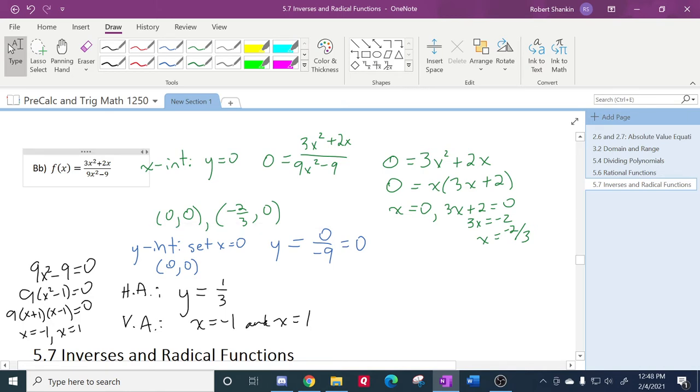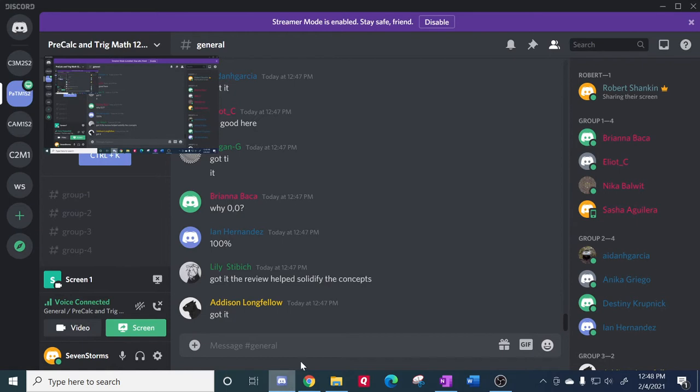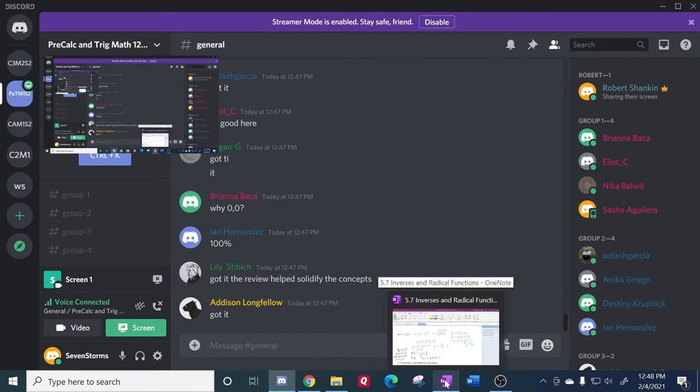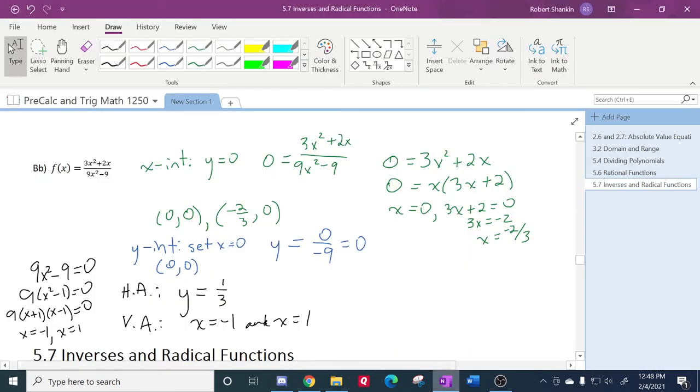And vice versa, if you set the y to be 0 and then you solve it, you're figuring out what causes the numerator to be 0, and one of those answers is x equals 0. Brianna, does that address your question, or do you have a different question? Yes. Okay. All right. Any other questions?